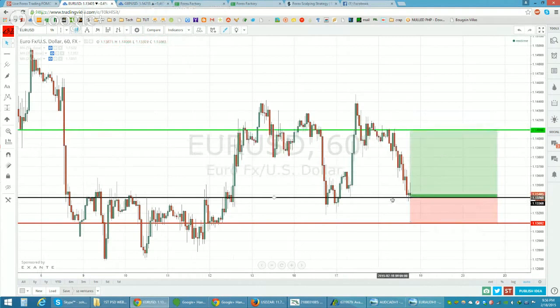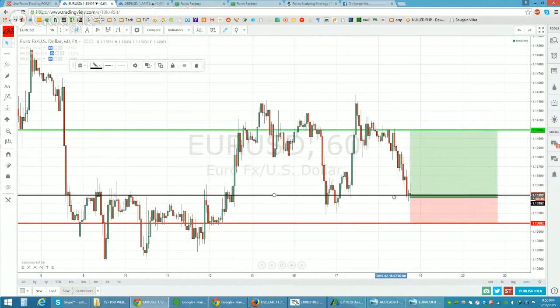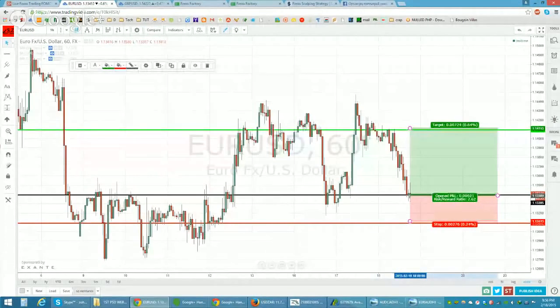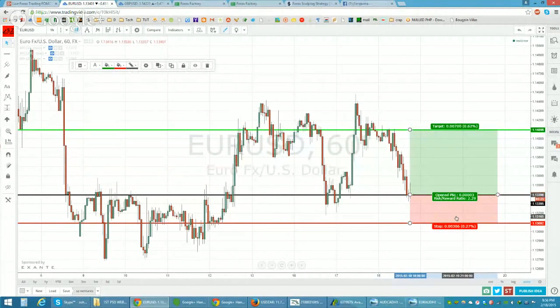news event. So I'm just going to adjust slightly to make it a market order, just to reflect the current market price. There we go. And take profit there. So right now on the Euro Dollar, we are buying it, and we have a 30 pip stop loss with a 70 pip take profit.